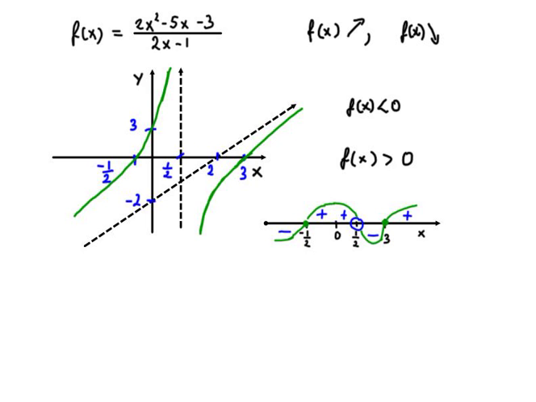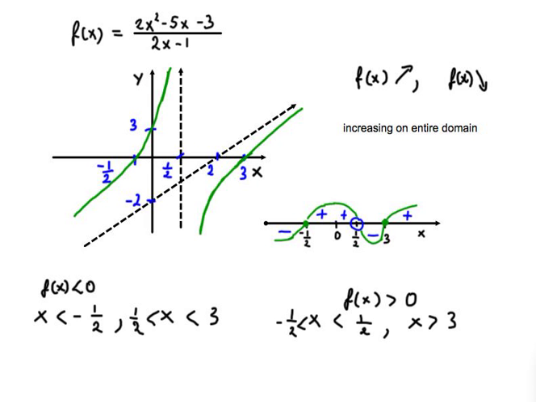We have to identify intervals of positive and negative, and also whether the function is increasing or decreasing. So the function is negative on that interval on the left, right here.